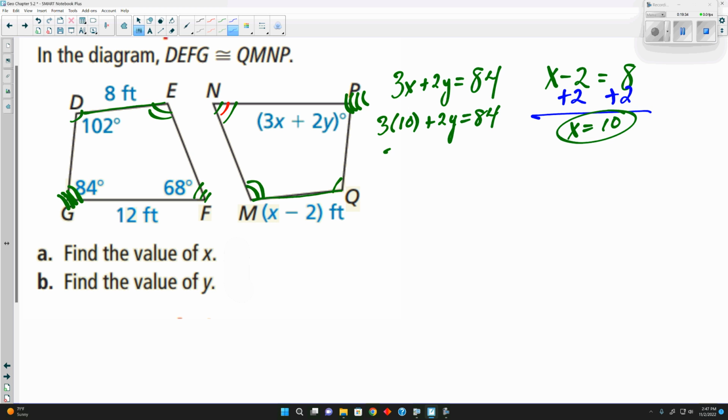Well, 3 times 10 is 30. And then what can we do? Minus 30 from both sides, which tells us that 2y is 54.